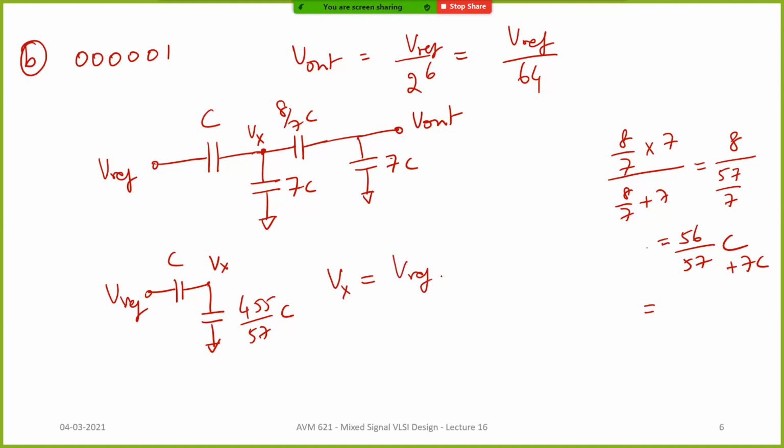Vref divided by the other capacitor C divided by (455/57C plus 1C), right? The total capacitance.